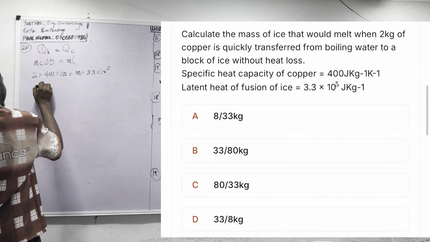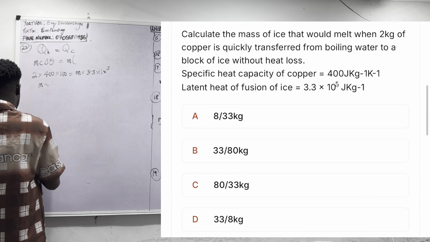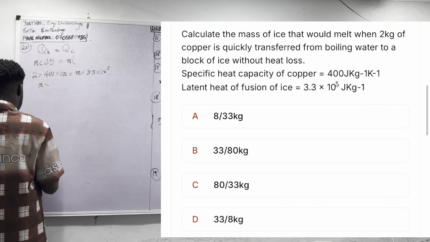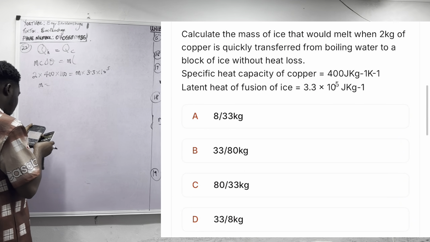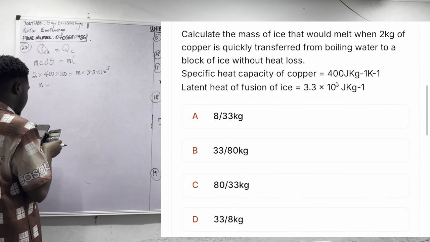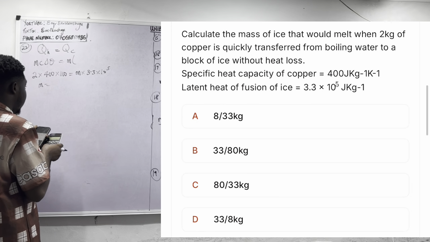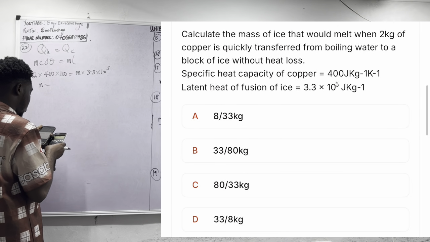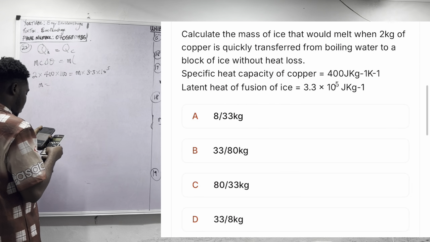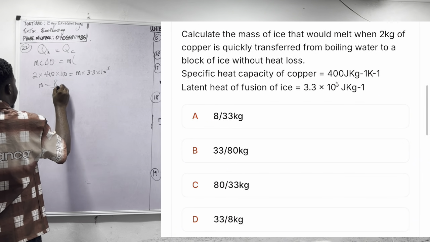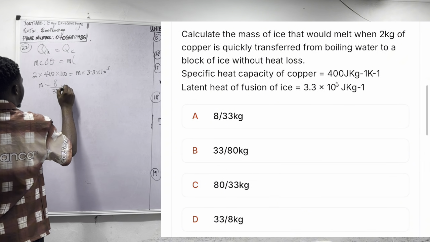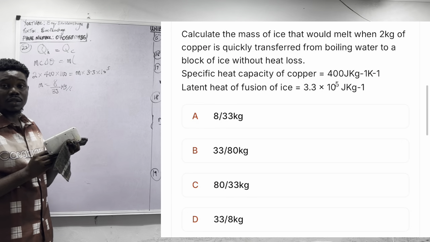Now, if we solve for M from this expression, we have 2 times 400 times 100, all divided by 3.3 times 10 to the power 5. And that should give you 8 over 33 kilograms as the answer to that question.